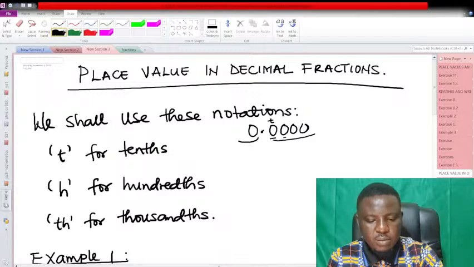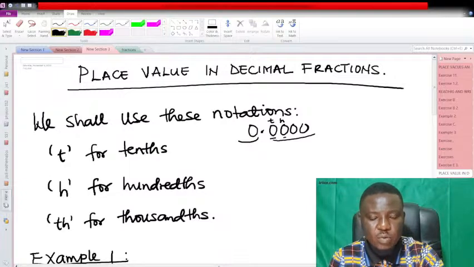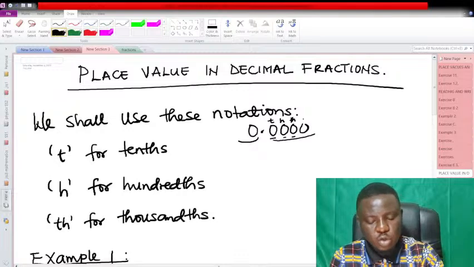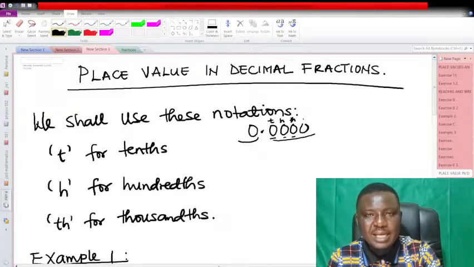The second digit after the decimal point is at the hundredths place value. And the third digit after the decimal point is at the thousandths place value. After thousandths, we have ten-thousandths, hundred-thousandths, millions, and so on. Just like we have in whole numbers, while we were treating whole numbers, we looked at the hundreds, tens, and units.